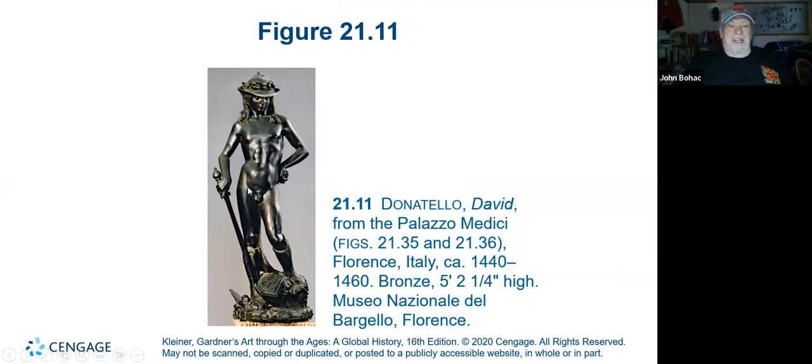And this idea of putting weight on one leg, which is what you would naturally do, probably, as you or I would be standing, put your weight on one leg. That's called contrapposto. And that is that he understands how weight is distributed through the body.